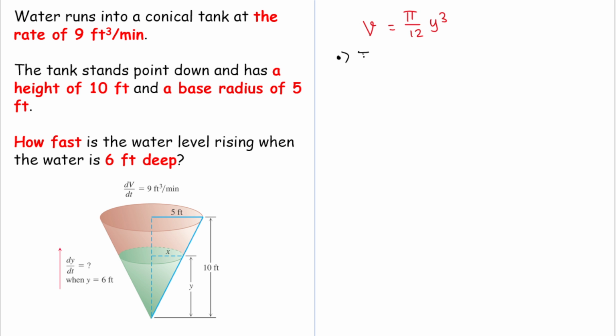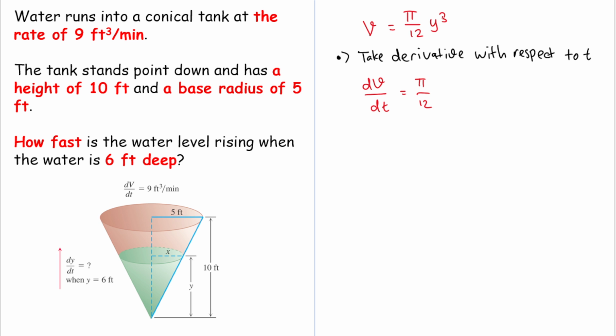So take derivatives with respect to t. On the left hand side, the derivative of V with respect to time is of course dV over dt, right? And then on the right hand side, I will have pi over 12.